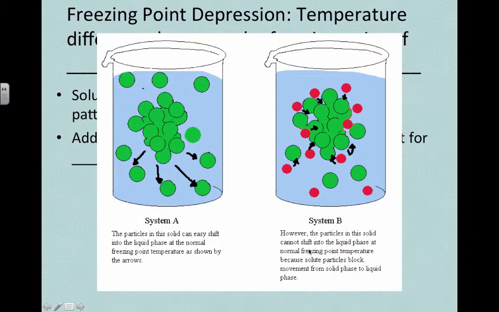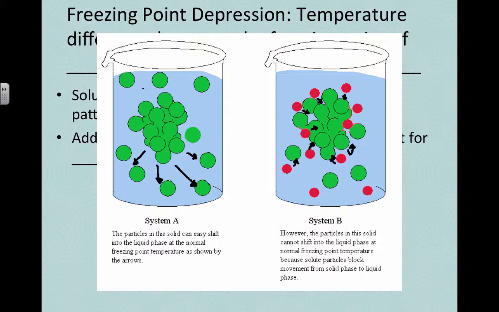So here's a picture of how that works. In System A, the pure solid can turn into a liquid because of the kinetic energy of the particles. So we have a shift from solid to liquid, or back from liquid to solid, because the particles fit into a geometric crystal pattern.